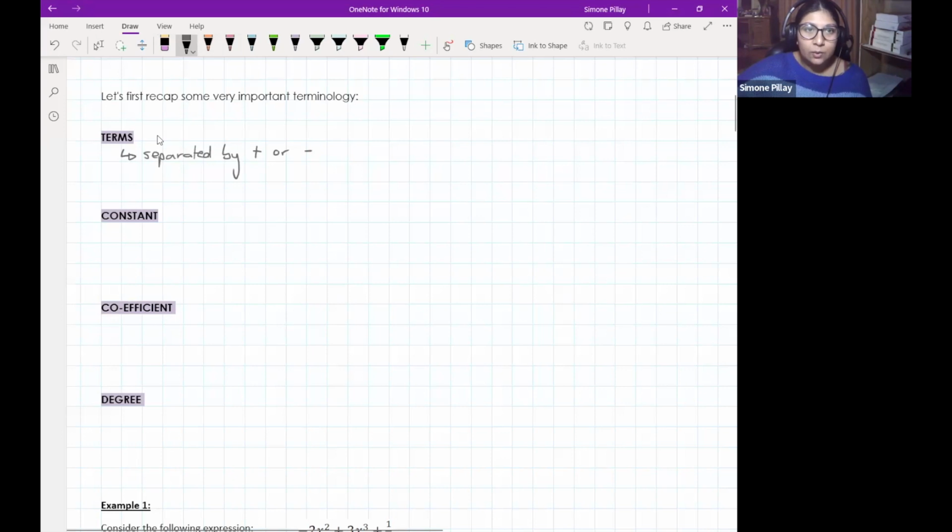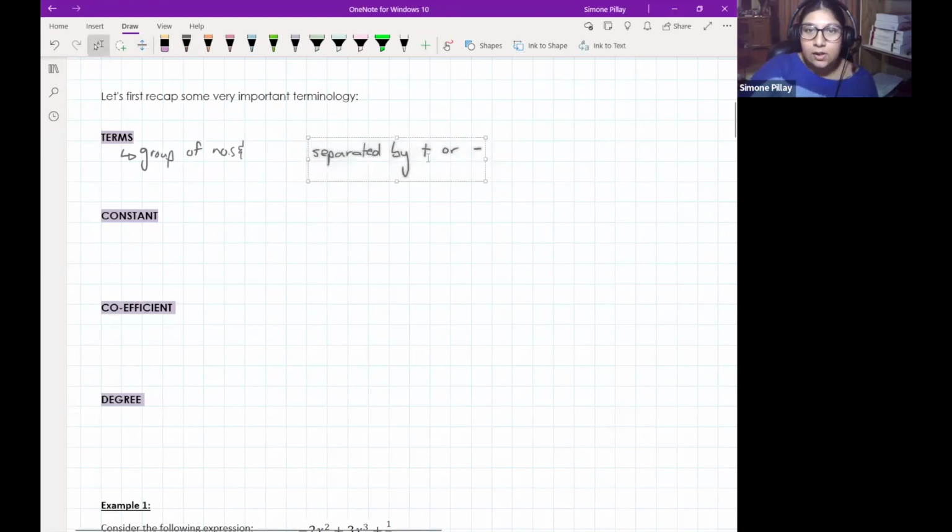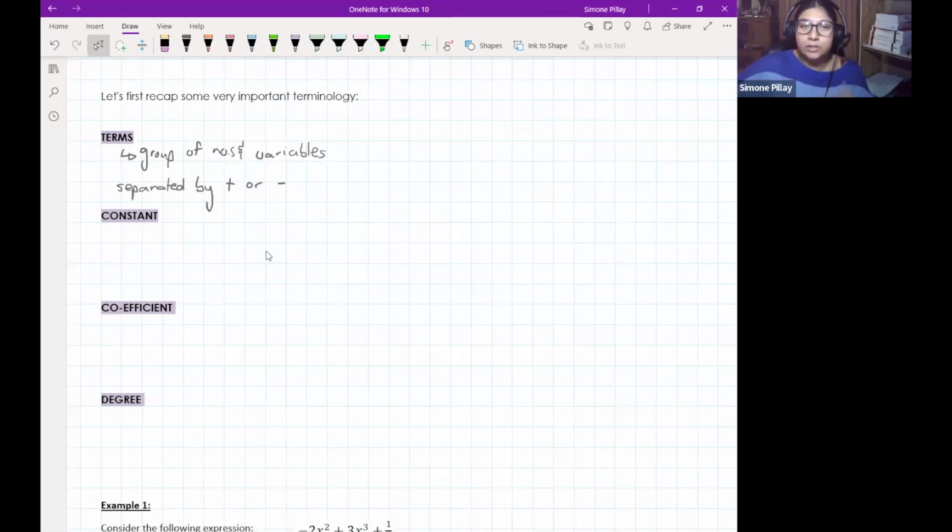And so what we can do to even expand this definition is, let me move this over super quickly. We can say it's a group of numbers, give me a second. I'm going to say it is a group of numbers and variables, because remember we're dealing with algebra, so there are going to be variables.